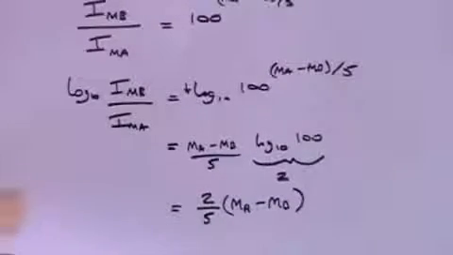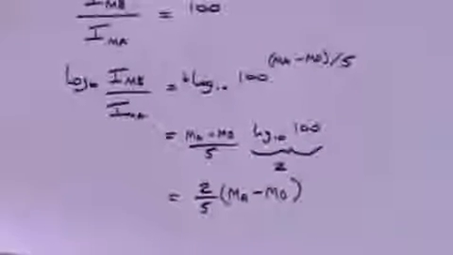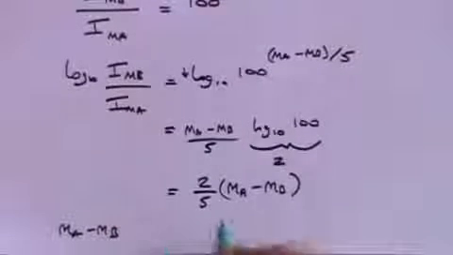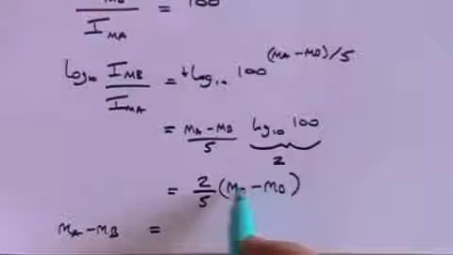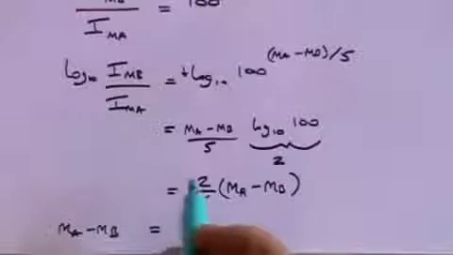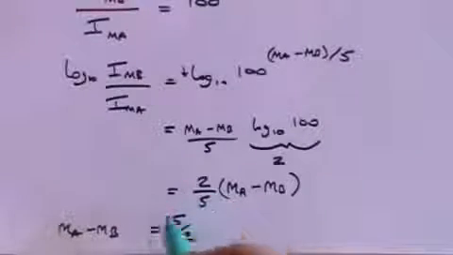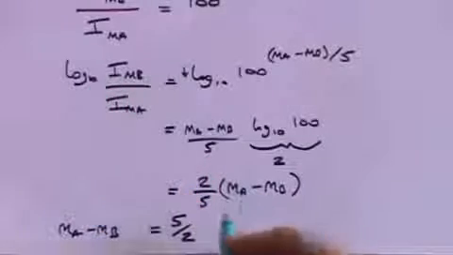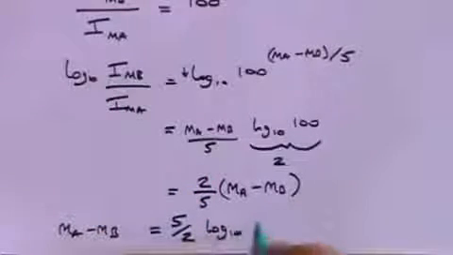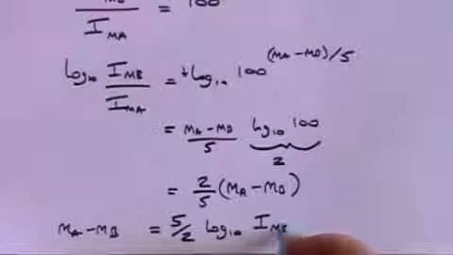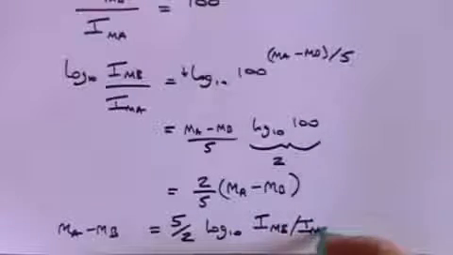And that means if you rearrange that equation, you've got that MA minus MB is equal to, bring this on the other side and you've got 5 over 2, because you reverse it when you take it to the other side, times this term here, which is the log to the base 10 of IB divided by IA.